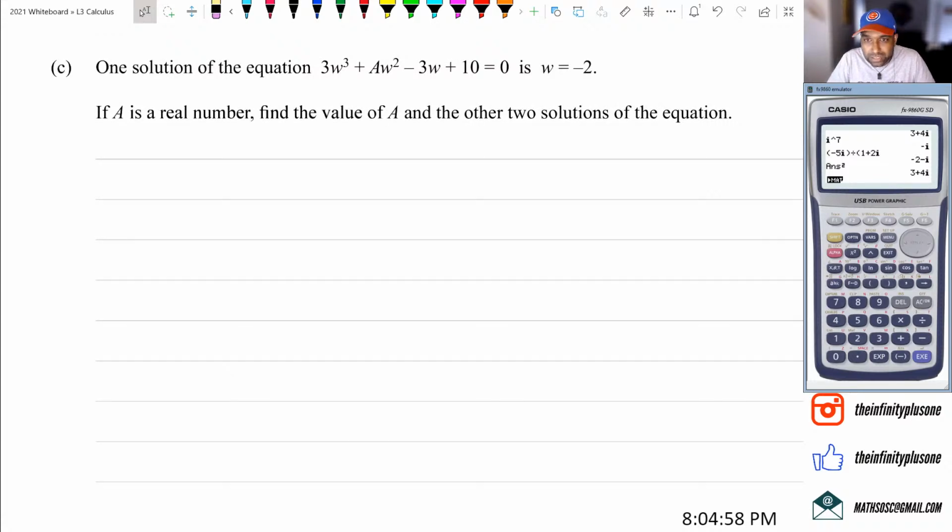Here we go. This is one of those common questions that just seems to keep coming back, and hopefully it comes back this year again, because if it does, this is one of the easiest merit questions that you can pop up with.